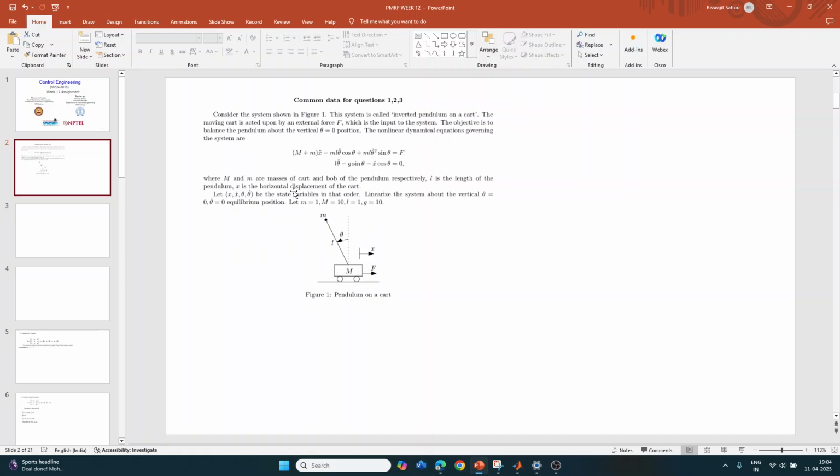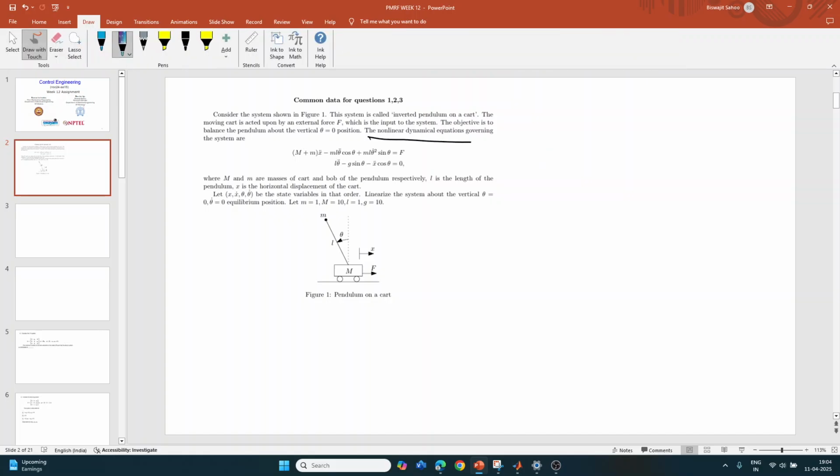The system given is a pendulum on a cart, with a non-linear dynamic equation. These are the two equations, and based on them we have to model the state space model.